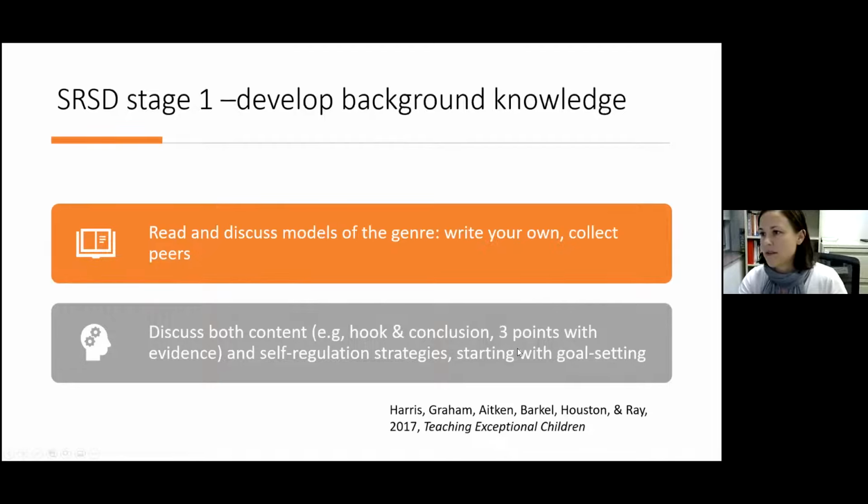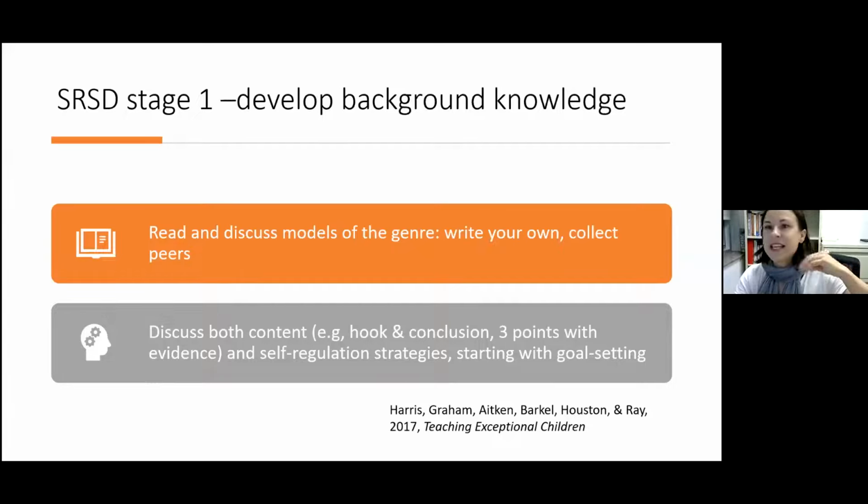So at stage 1, it's developing background knowledge of written composition. So you pick a very specific genre. Teachers write their own responses in these genres, and then the class together reads other students' their age, the types of models of these genres.